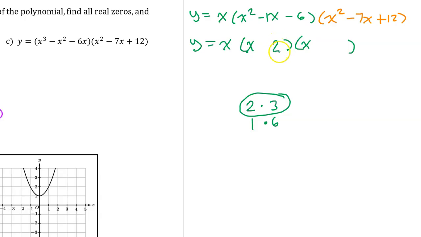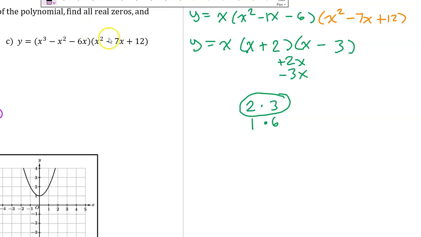So I'm going to try the 2 and the 3. Inner plus outer equals middle. Inner is the 2x. Outer is the 3x. These have to add up to negative 1. I control the signs. It'll make -1 if I have a +2 and a -3. So that's a +2 and a -3, so there we factored it.